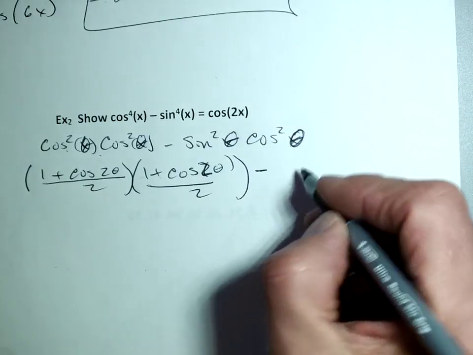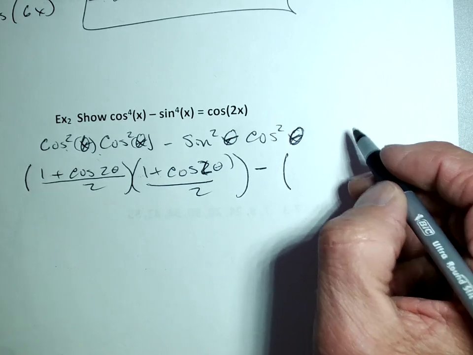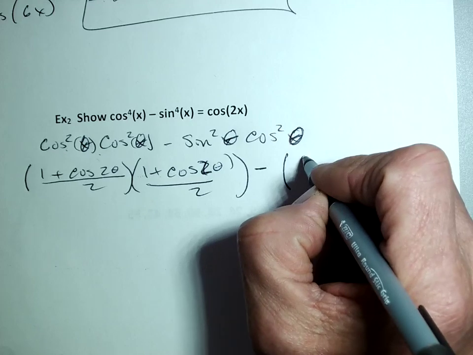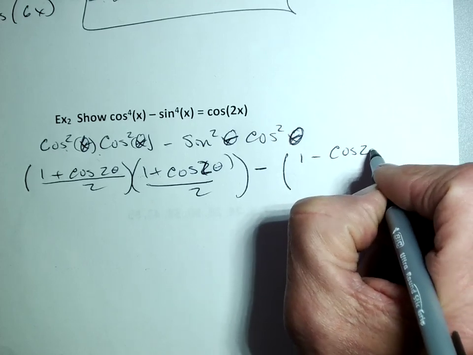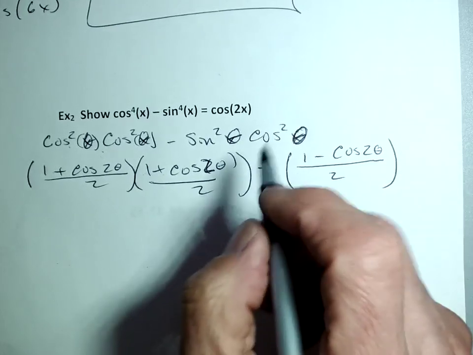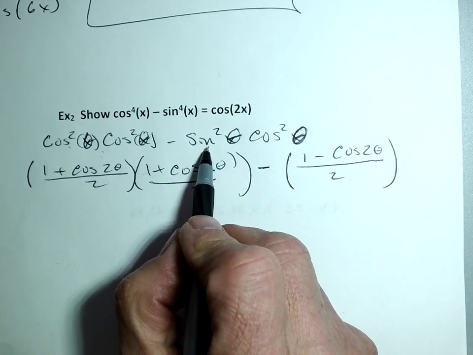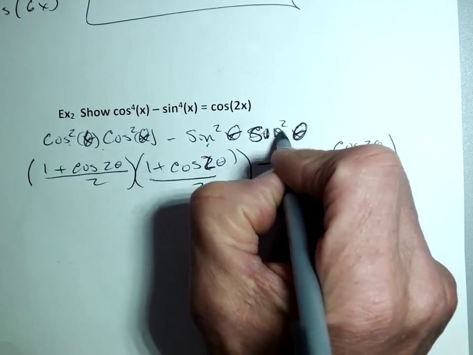So minus, in parentheses, 1 minus cosine of 2 theta over 2, times another, because I've got sine squared times sine squared.